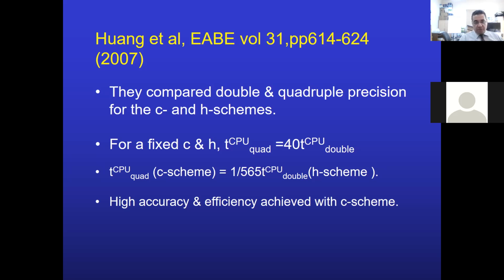If you have better precision, the total time can be reduced significantly, and this is kind of outdated. I can do better than this with the latest scheme I have shown. Next slide.